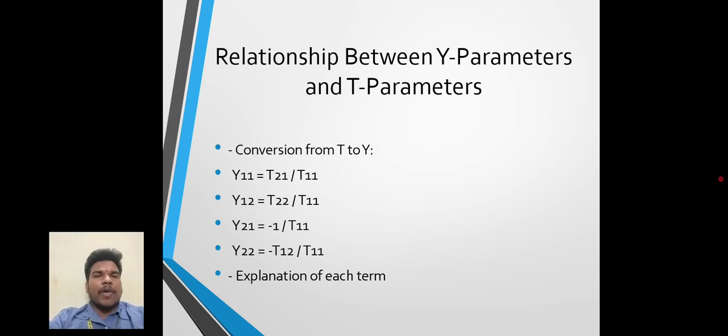It can be explained by deriving each term, which is not so complex, and it can also be written as Y11 is equal to C by A, Y12 is equal to D by A, Y21 is equal to minus 1 by A, Y22 is equal to minus B by A.